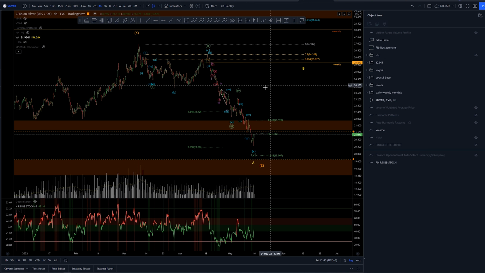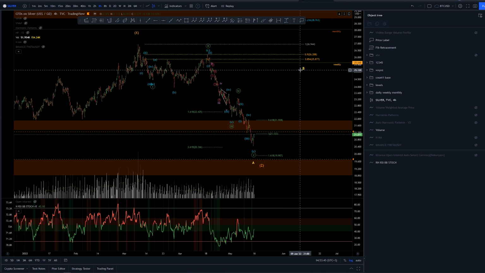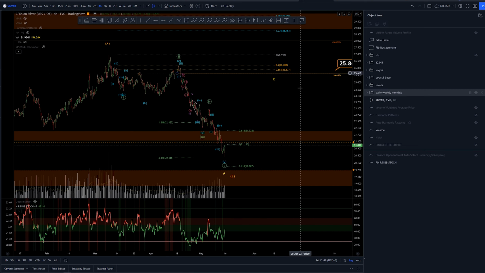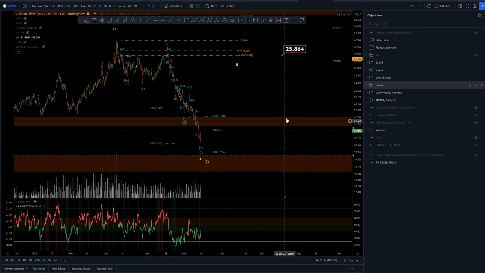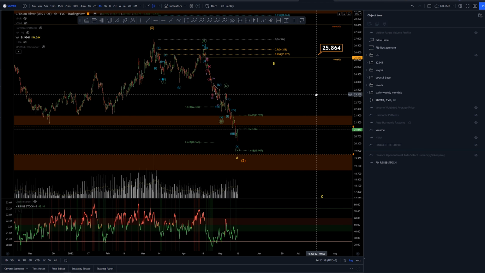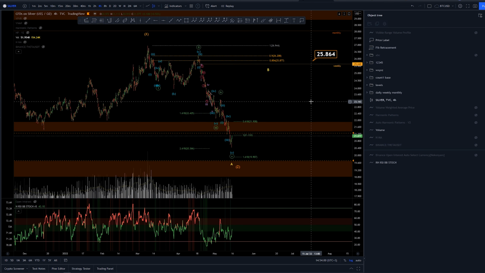We will have to monitor this wave structure, whether it becomes a 3-wave structure into B or whether it is actually a 5-wave structure. If it's a 5-wave structure, we can add more when we come down here, so we can prepare ourselves for the future of the bull run.